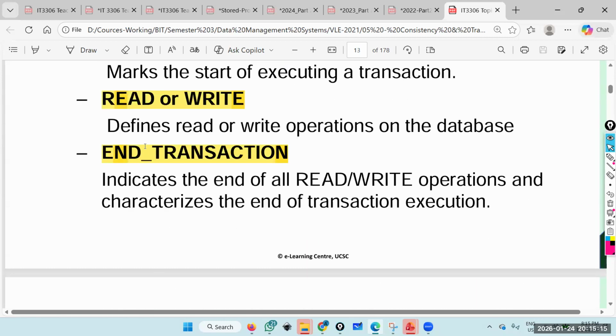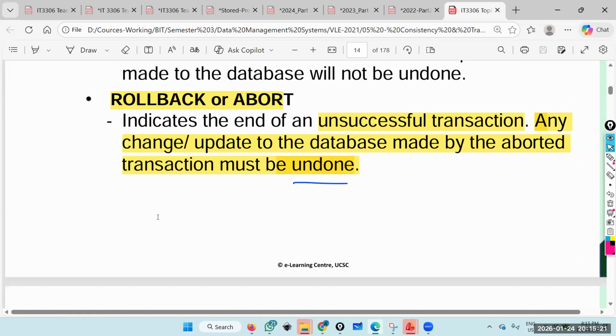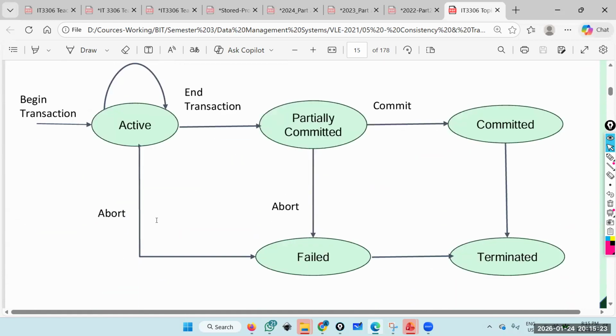So a better word is you end the transaction. The DBMS will either commit or rollback. So this is partially committed. But if it fails, it's terminated. That is rollback. Or else it is committed. Success.